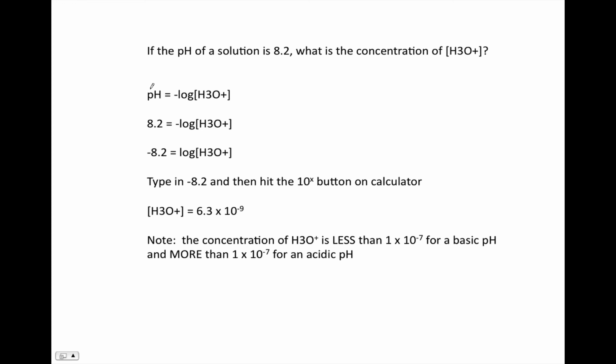So again, pH equals the negative log of the concentration of H3O+. Now we plug in 8.2 for pH, and it equals the negative log of that.